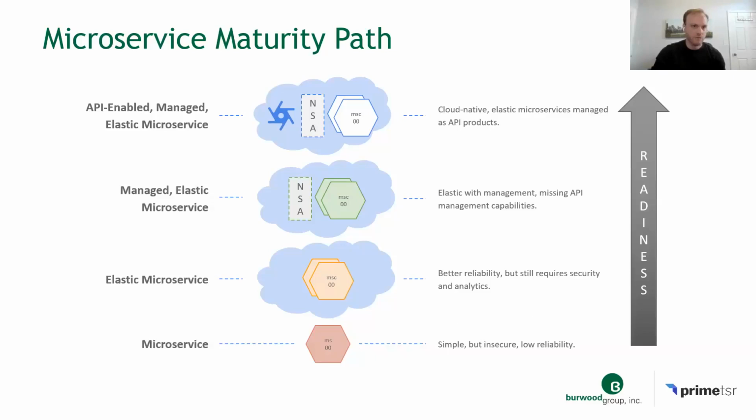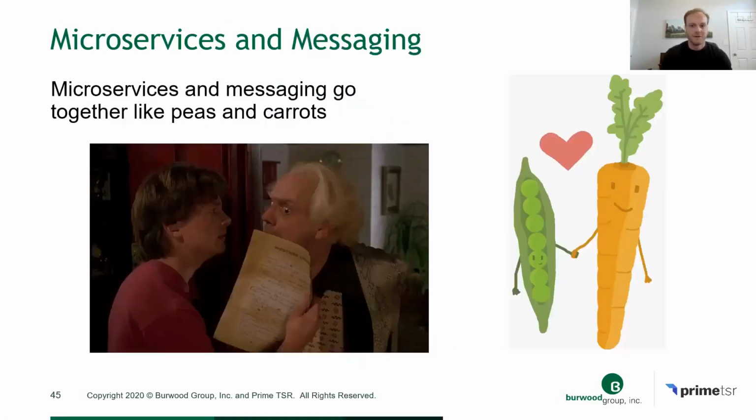Apigee really allows you to take yourself from a small level to grow to that mature level of having mature microservices that are completely managed, completely elastic. They're cloud native, API enabled. We could go to the next slide. How do we manage? Keep looking at the clock.